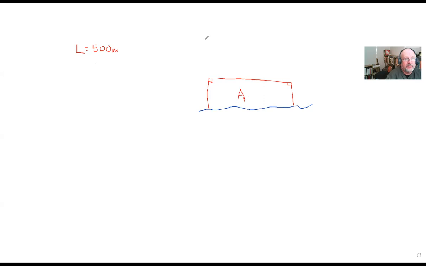So what we're going to do is we look at this and we go, let's go back to green. Okay, so we're going to say this length is x, this length is also x. And this length here is going to be 500 meters minus both of these bits, so minus 2x.